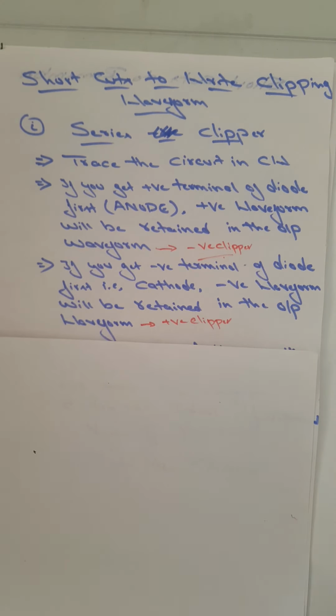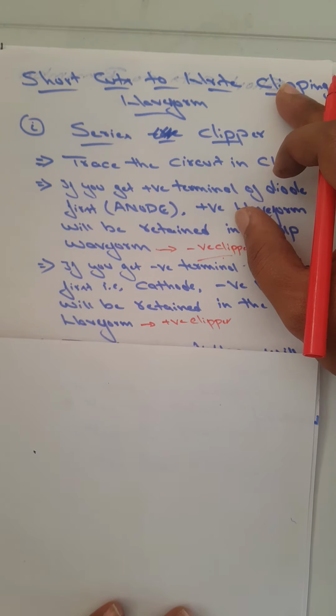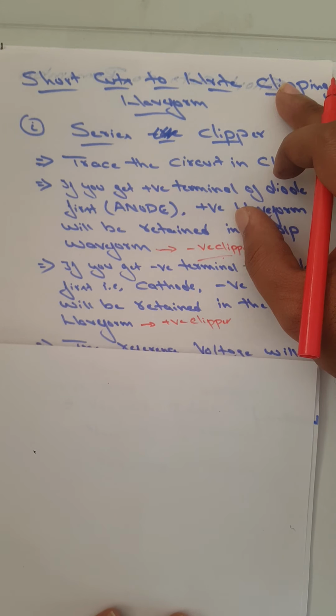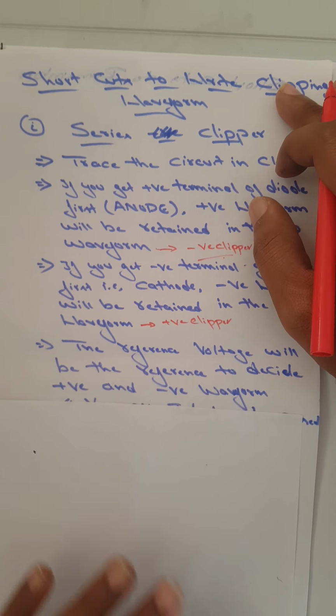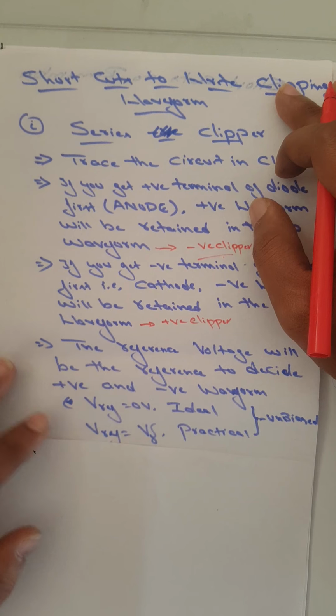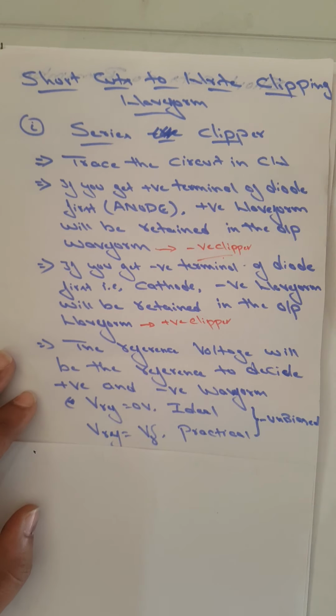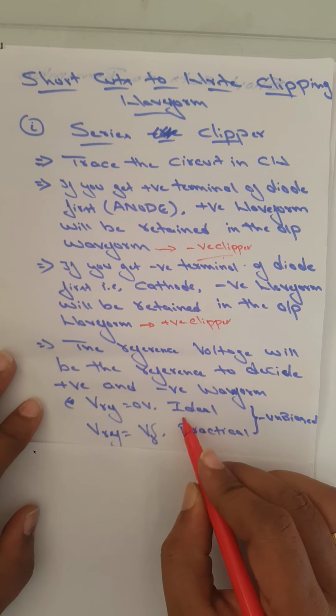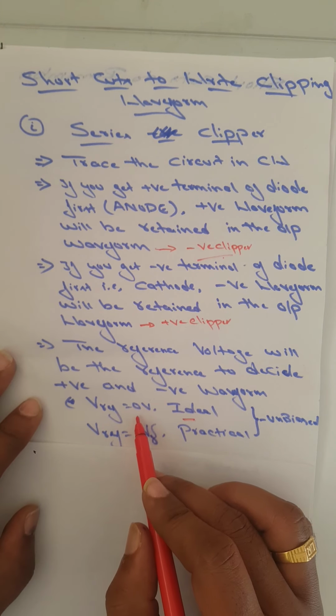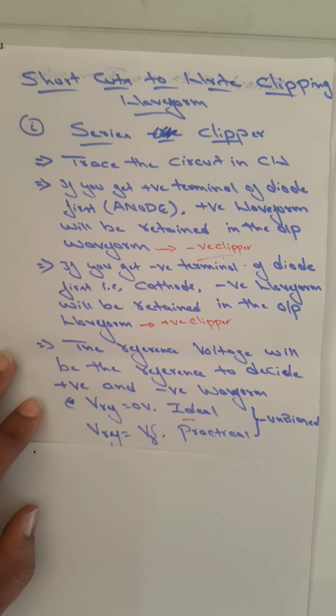Now, what is the reference to decide which is positive and which is negative? That is different for different cases, as we already discussed: ideal, practical, and with reference voltages. In case of an ideal diode, the reference voltage is 0 volts, so the portion above 0 is positive and below 0 is negative.